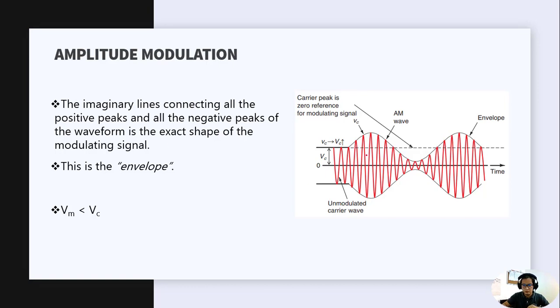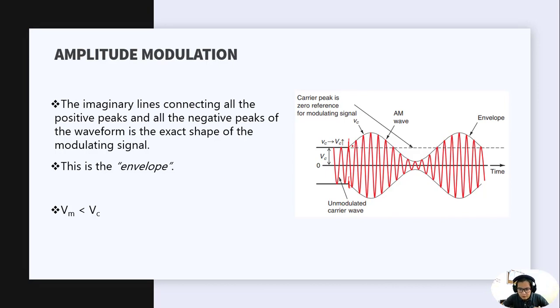As you can see here, this trace on the right, itong kulay red, this is our composite signal or composite waveform. This is an AM wave. Okay, simula dito. Yan, simula dito. So that's our AM wave.